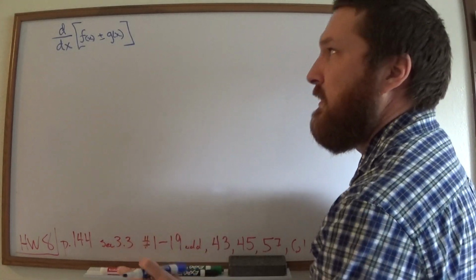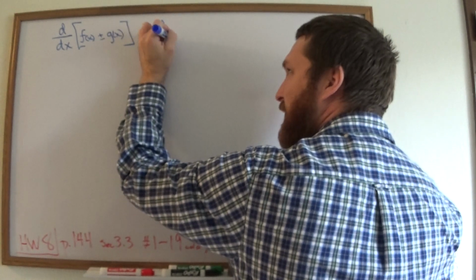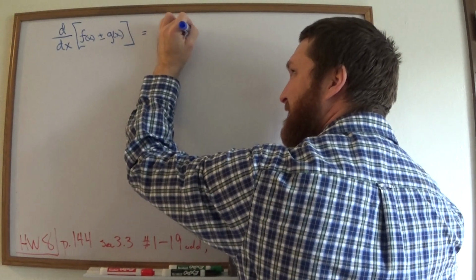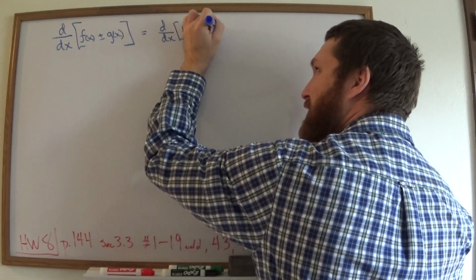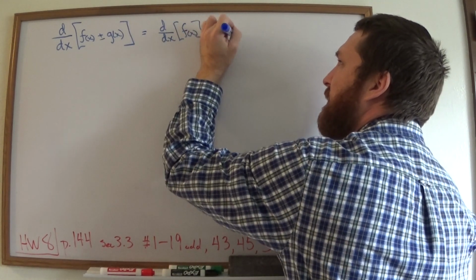So what this turns out to be is you take the derivative of the first one and you add it to or subtract it from the derivative of the next one.